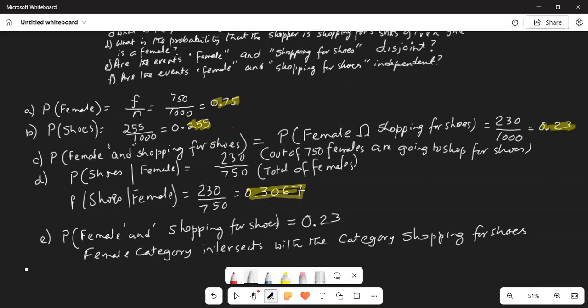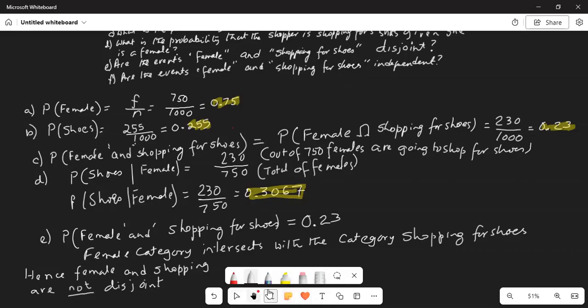Hence female and shopping for shoes are not disjoint. And that is evident because they intersect. So the answer for part E, they're not disjoint.